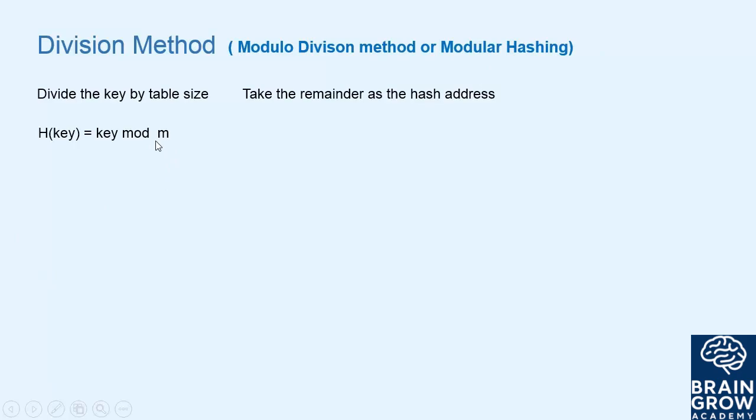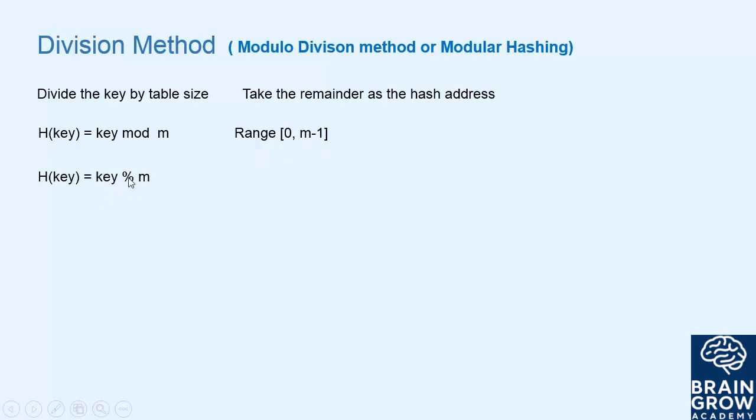Now, if the table size is m, then any remainder will be in the range 0 to m minus 1. And therefore, hash addresses that will be generated will be within this range 0 to m minus 1. So, this method ensures that the address that we get is in the limited range of the table.